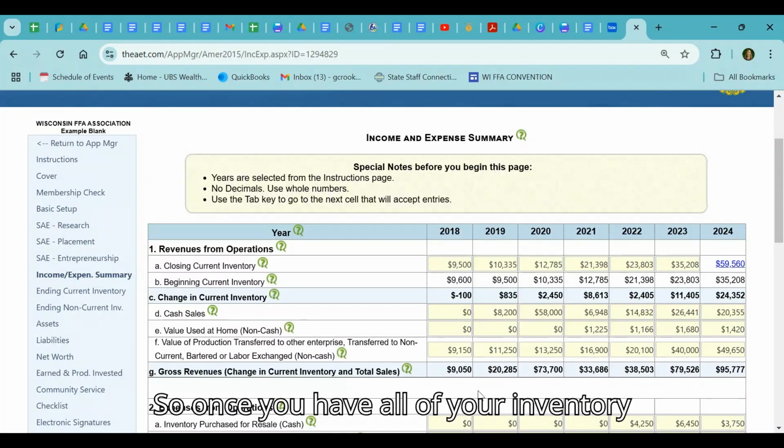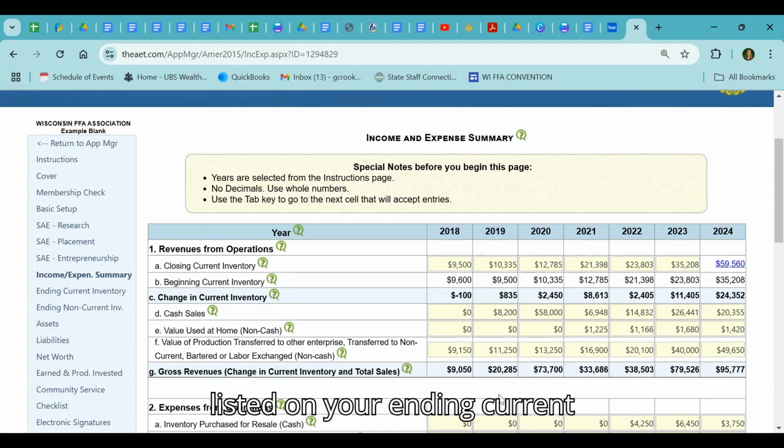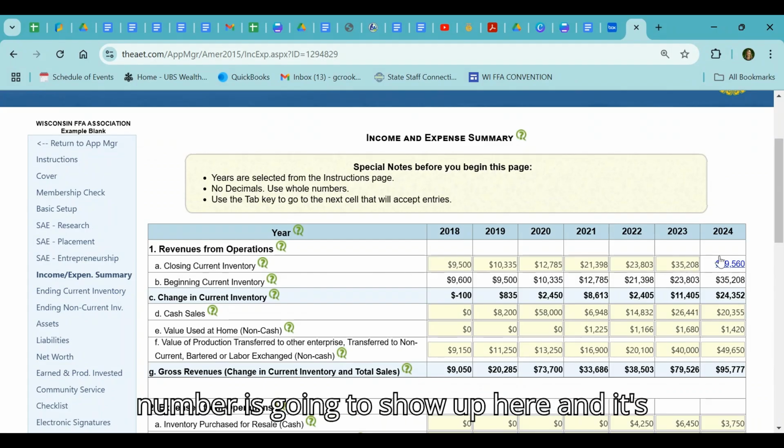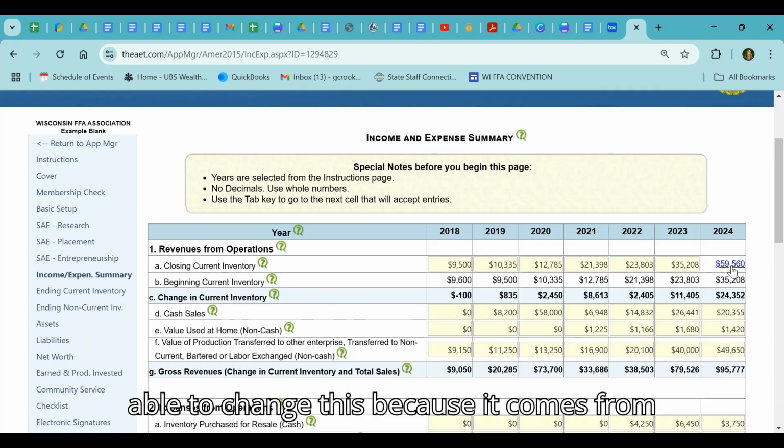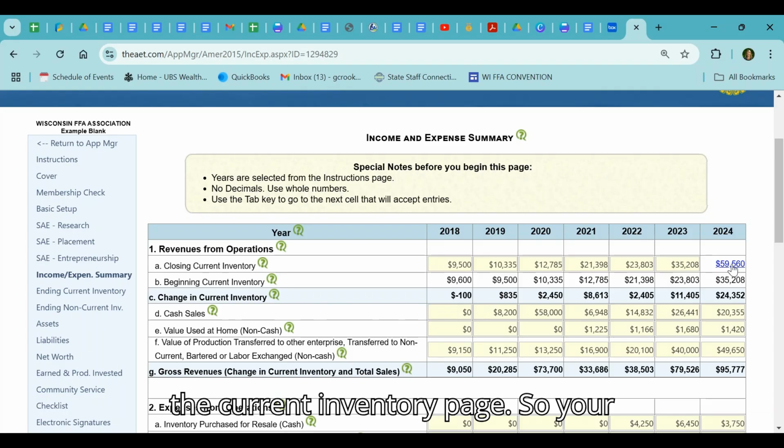So once you have all of your inventory listed on your ending current inventory page, that total number is going to show up here and it's in blue. You will not be able to change this because it comes from the current inventory page.